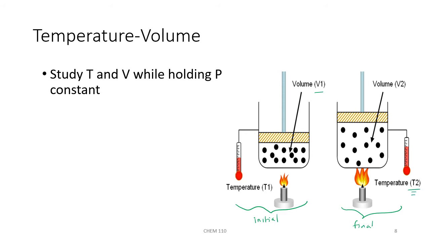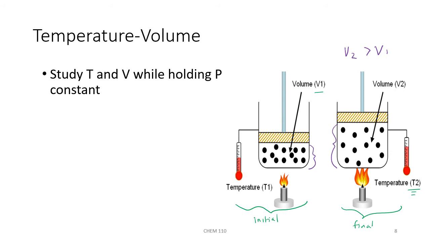So T2 is greater than T1. We can see that just by looking at the size of the container, that V2 is greater than V1. So the volume of the gas greatly increased because it expanded when more kinetic energy was put into the sample through the increase in temperature that we measured.